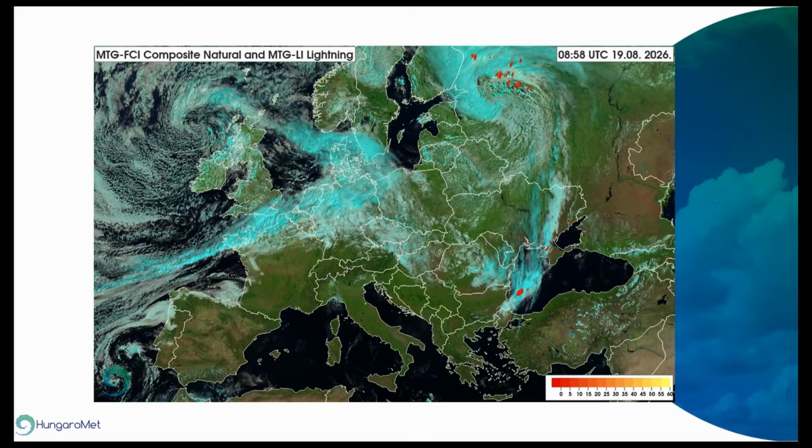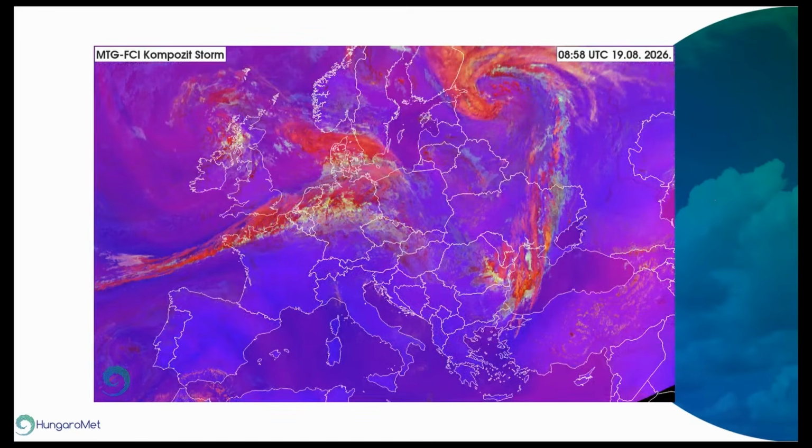Here is also the composite storm image of the MTG satellite, in which we can see the convective storms that are formed by the jet stream and the frontal zones.